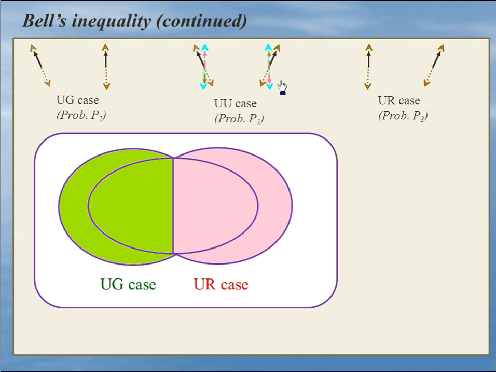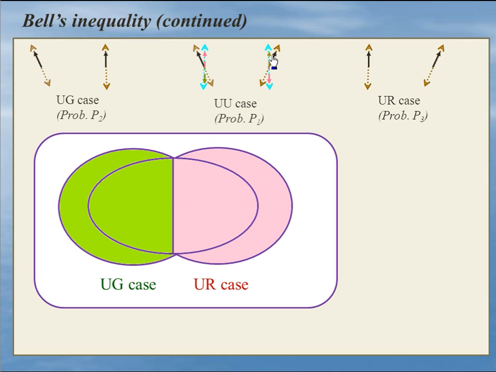And we talked about in the UU case that even though we're not measuring along the cyan axis, if the daughter particles have decided their state once the decay occurs, then in the back of their mind, we can say they must either be red-red or green-green. Now, the ones that are red-red, when the setup is as over here, we'd get a positive UR case detection.